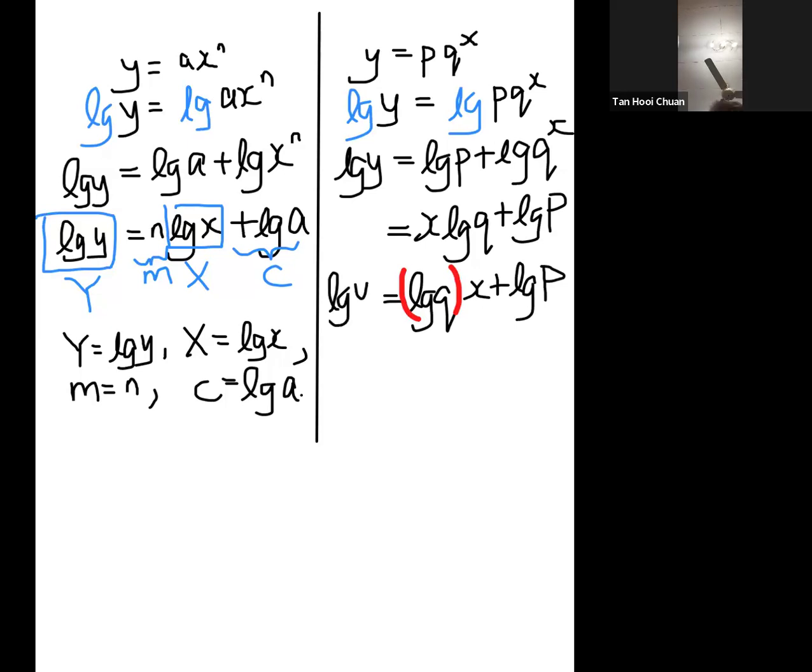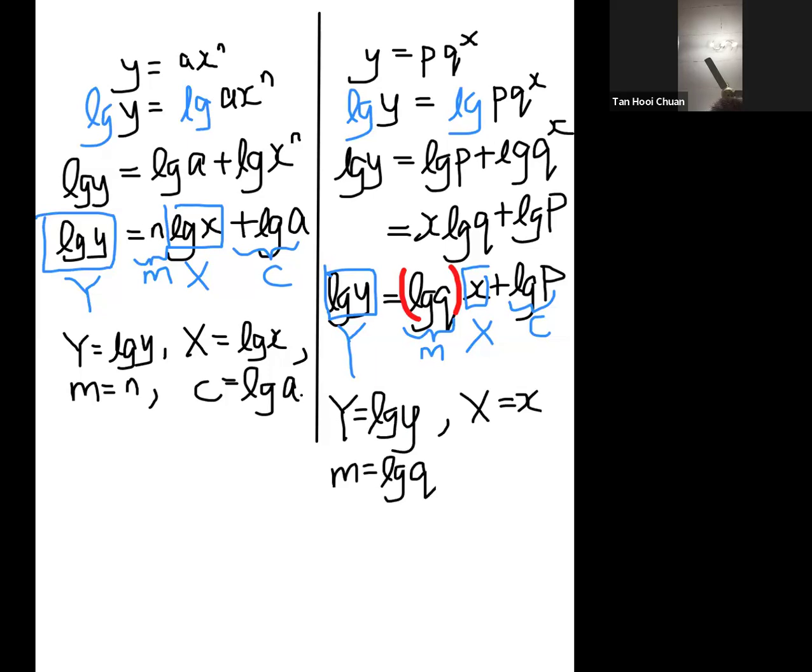Yes, you need to bracket the LG q. Here's the grade Y, here is the grade X, here is M, there is your C.